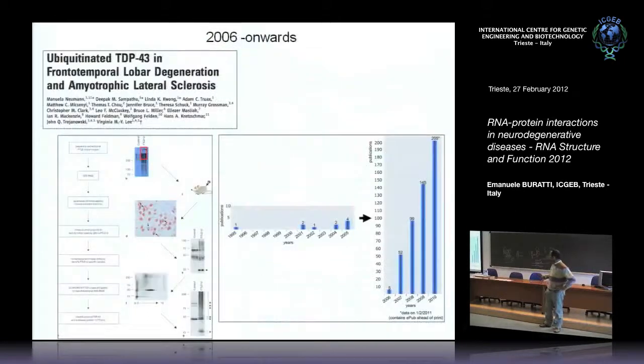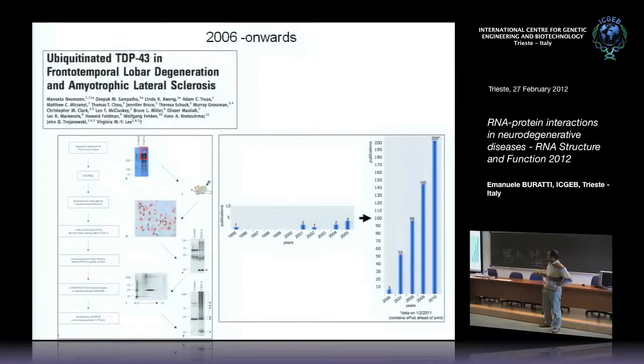And the answer to these questions, which changed our life completely, came in 2006. In 2006, these researchers from Philadelphia in the US managed to isolate the aggregates for which the composition was unknown.